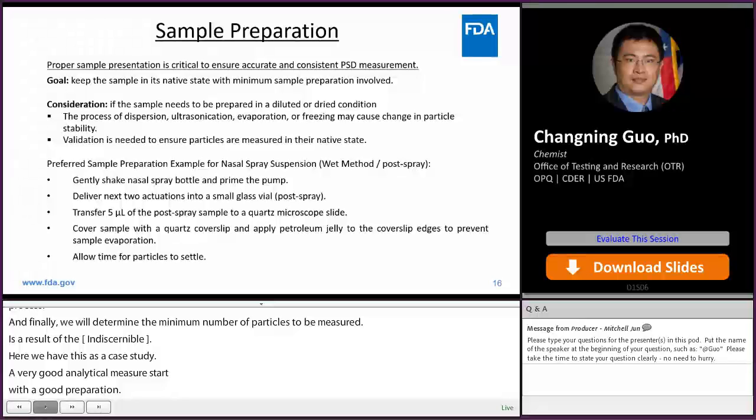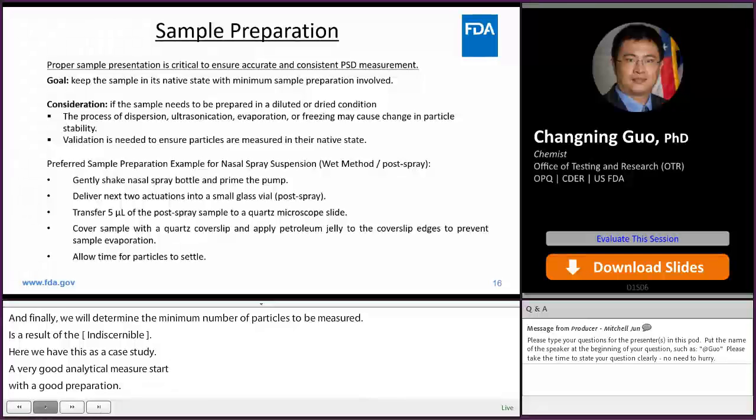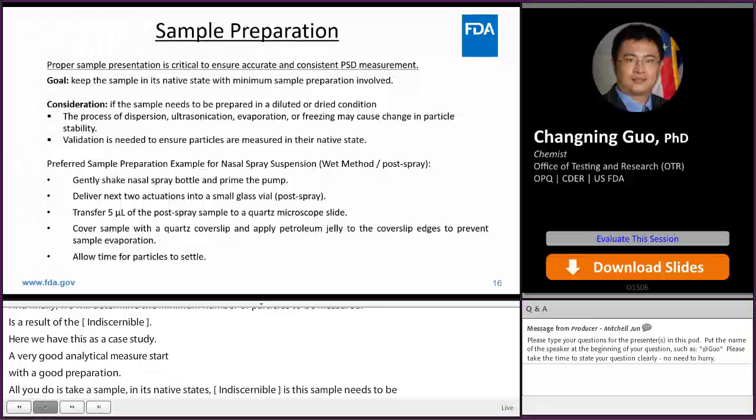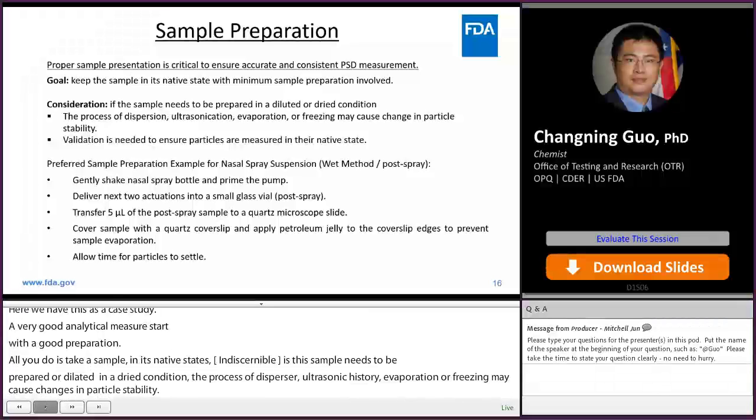In that case, validation will be required to ensure the particles are still measured in their native state. We were able to have a sample preparation without any dilution and drying. An example was shown here.